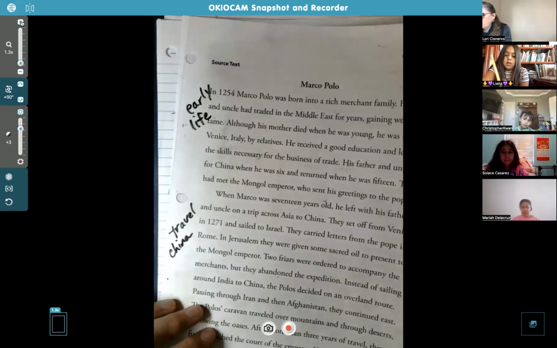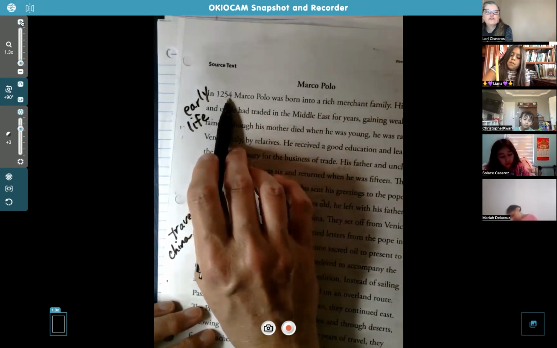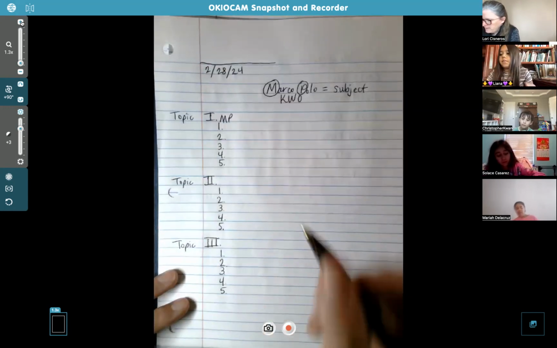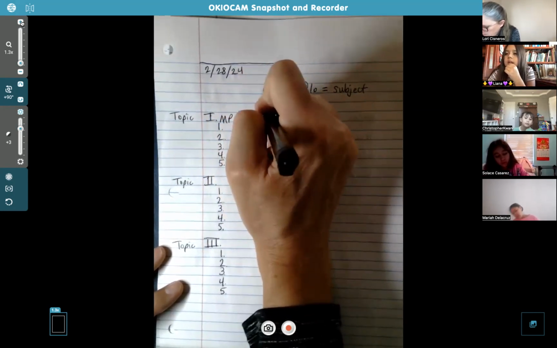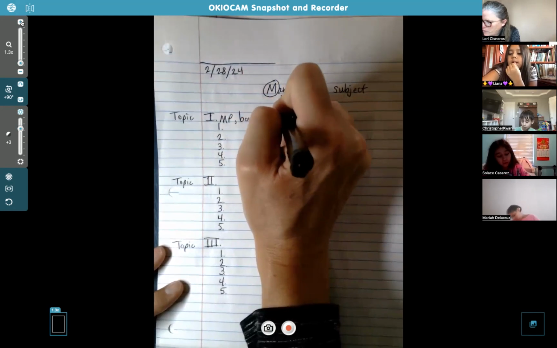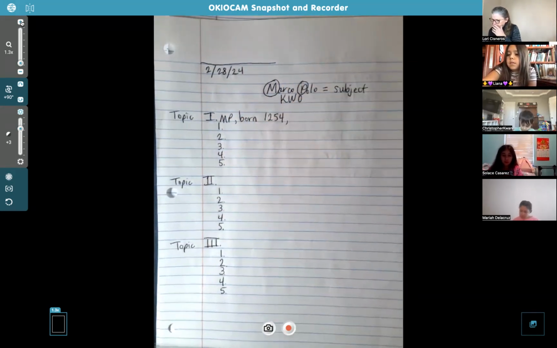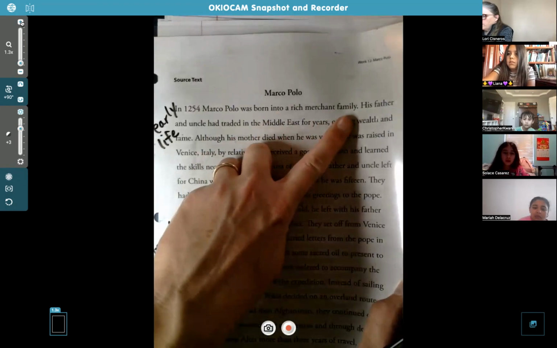And when you look on that first paragraph, it tells us 1254 was when he was born. So I'm going to put born 1254. And he was born in Italy. I remember reading about that. But he was born in a merchant family.